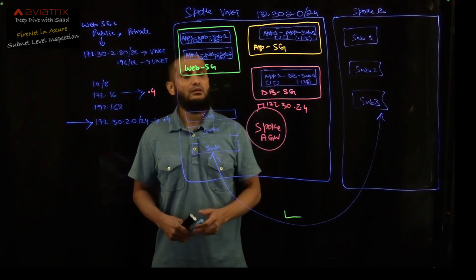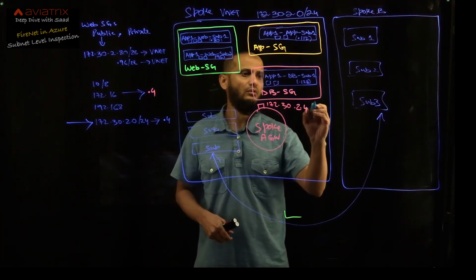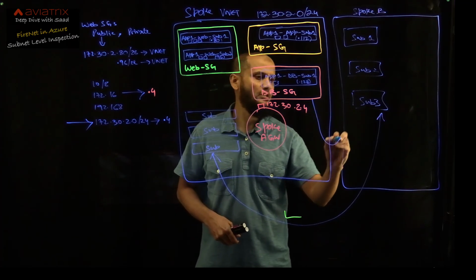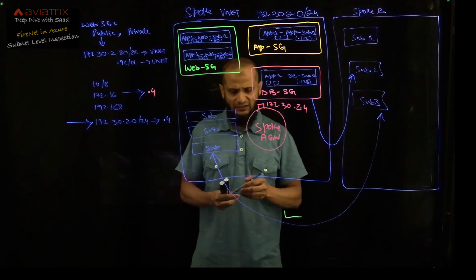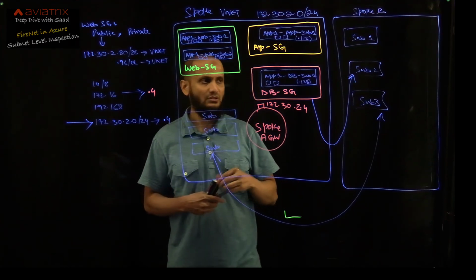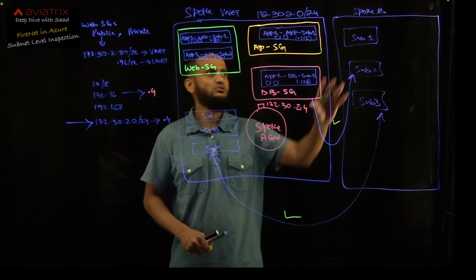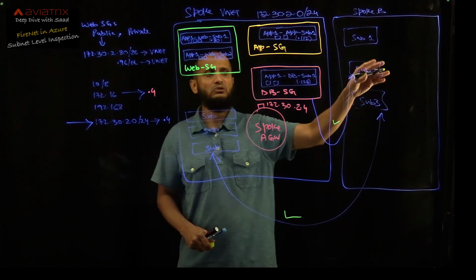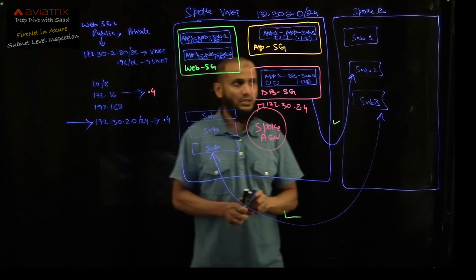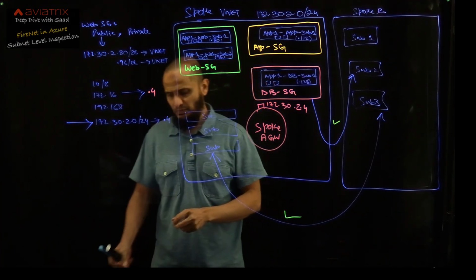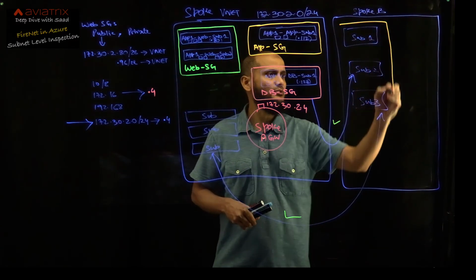Now, when a subnet in a subnet group, let's say the DB subnet, wants to communicate with subnet 2, even this communication is allowed, as long as there is no subnet group configured on spoke B. So the third scenario could be, what if I place all these subnets in a subnet group?